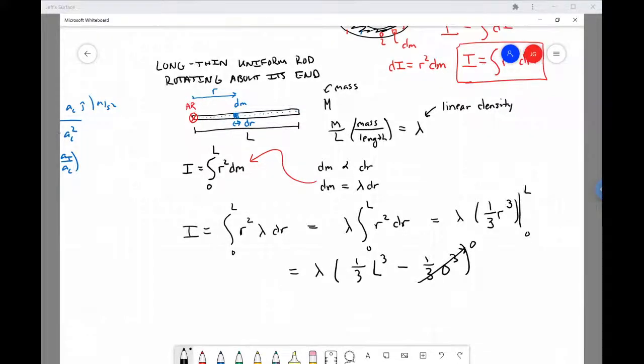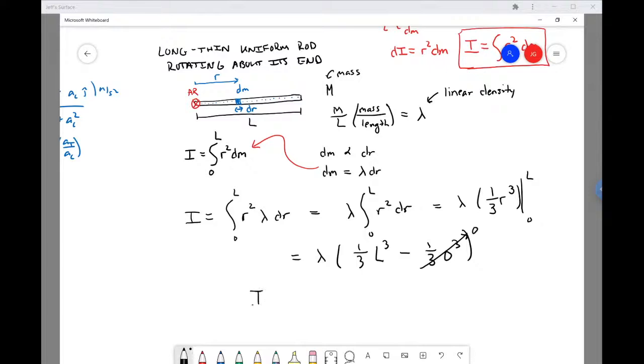So you get I equals 1/3 lambda L cubed. But lambda is m over L. So one of these L's cancels, and you're left with mL squared.